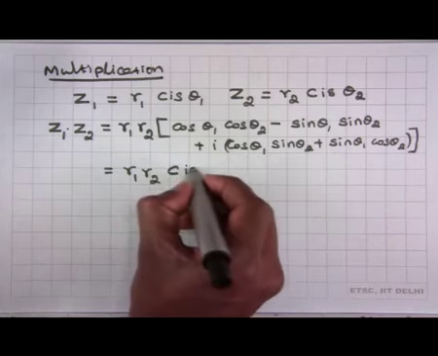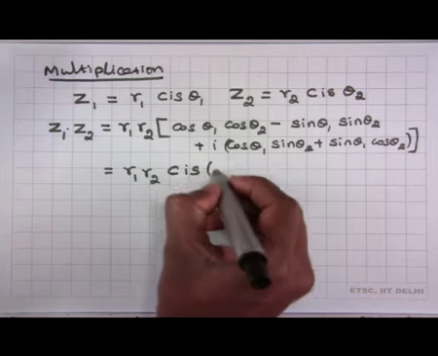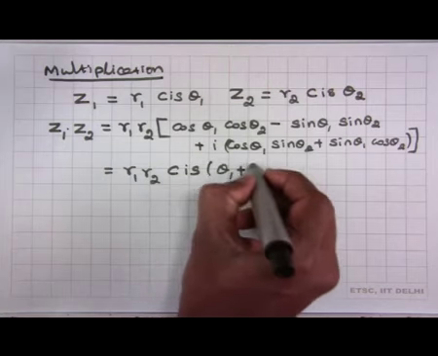This can be written in our notation as cis theta 1 plus theta 2.